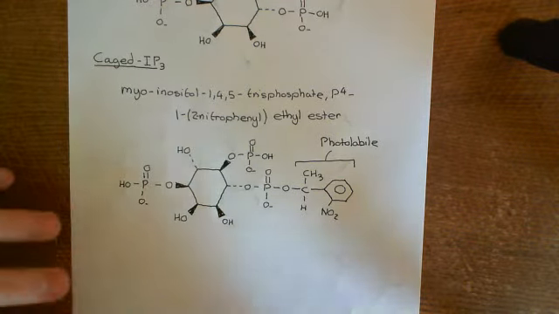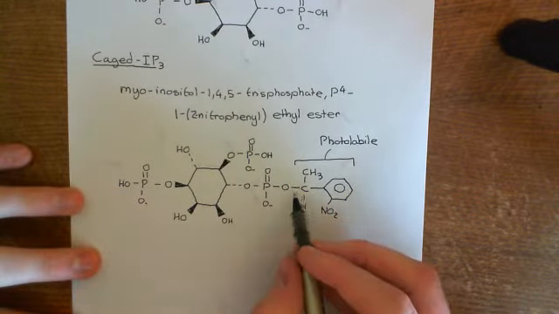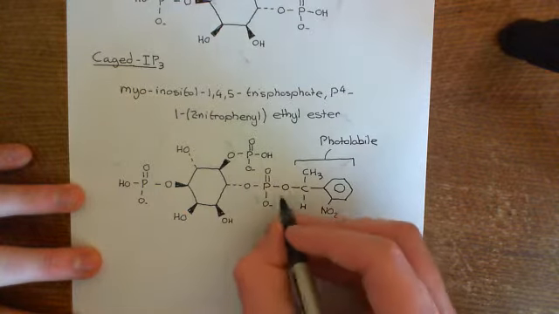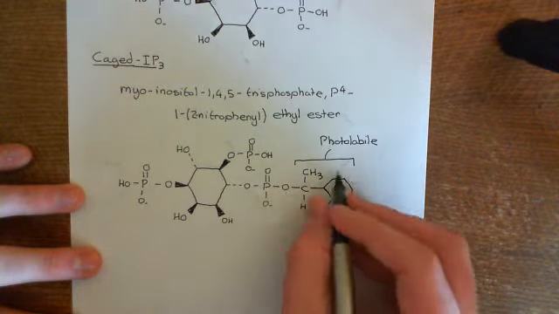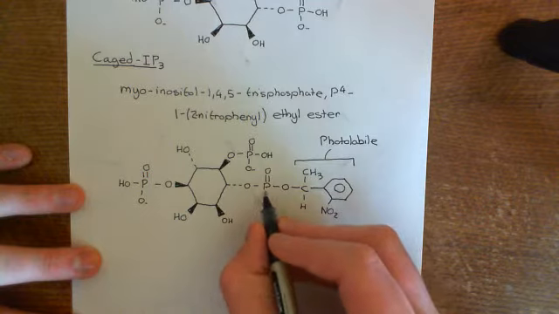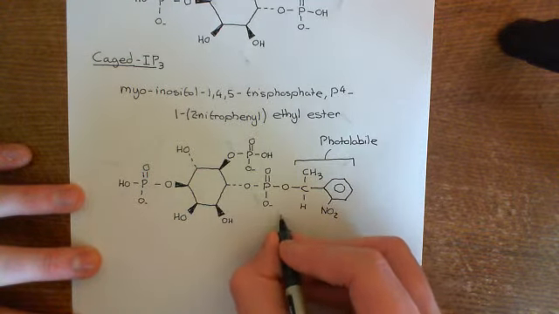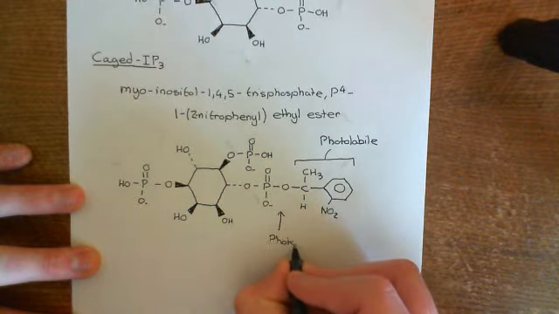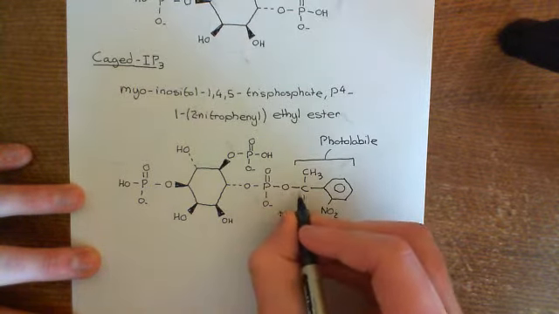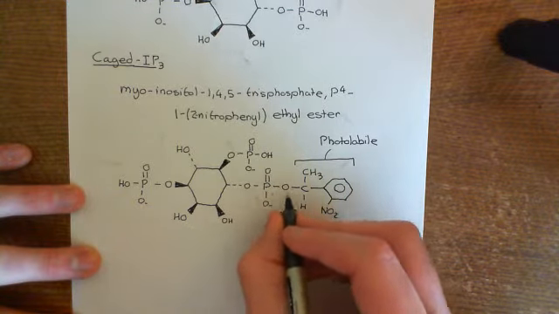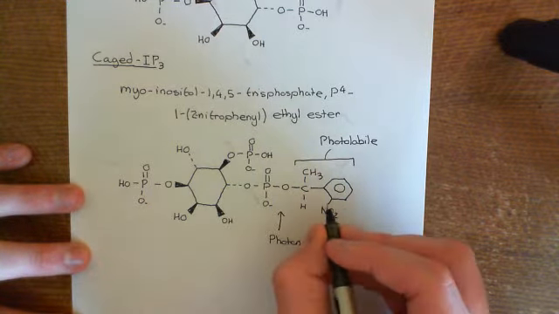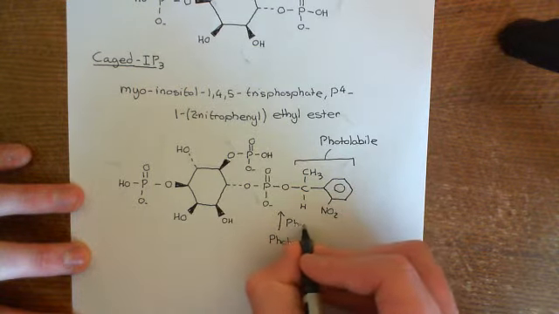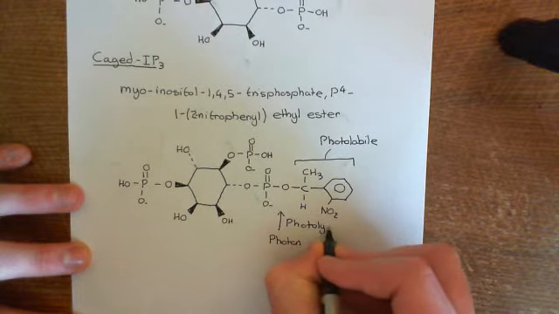So basically you can shine light onto this caged IP3 molecule, and it will cause the photolysis of the bond between this photolabile group and this phosphate group. Electromagnetic radiation, or photons, will cause the photolysis, which means the splitting apart of the photolabile group from the rest of the IP3 molecule, that will release IP3 molecules.